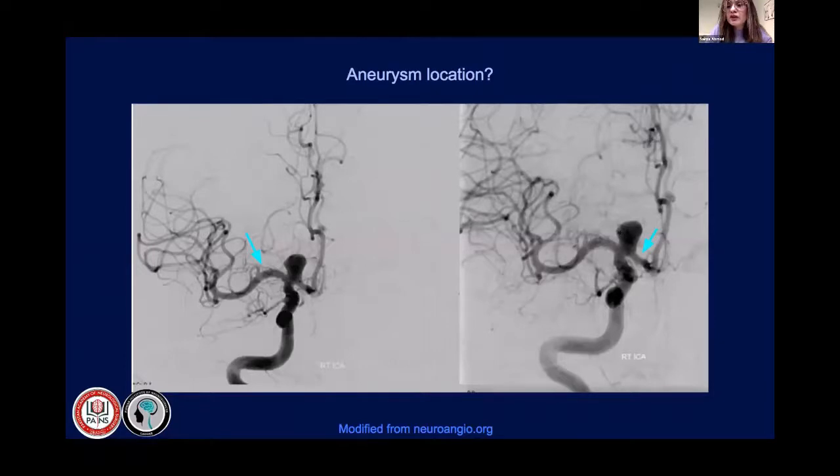You decide the orientation according to the sac. If it is directed laterally, then it is towards the M1, and if it is directed towards A1, then it is towards A1, or sometimes you can see it straight. Terminus aneurysms are very common in the younger population, and they are relatively easy to treat endovascularly.